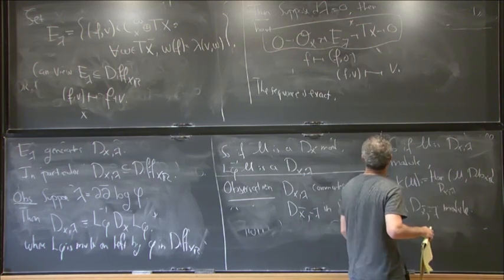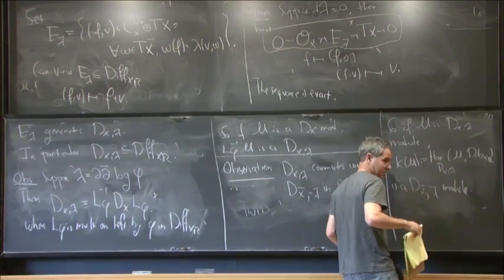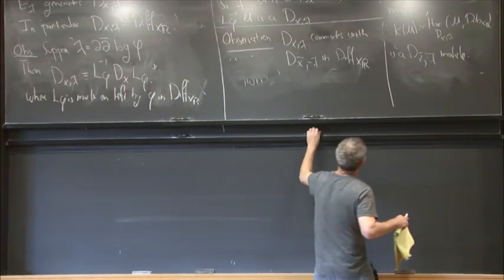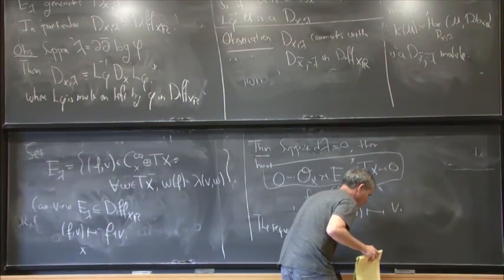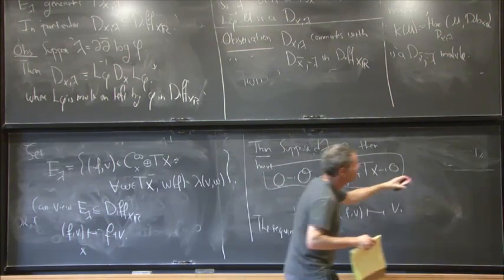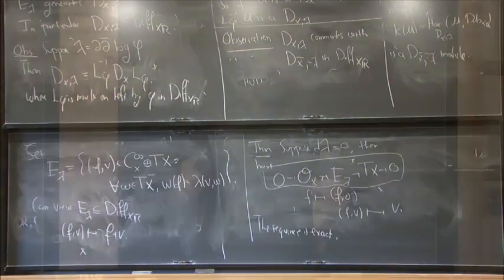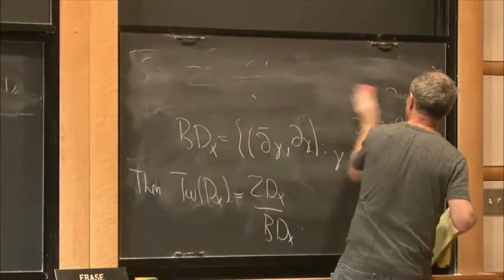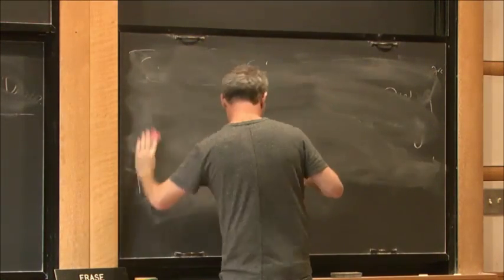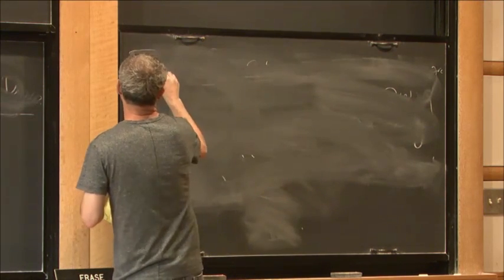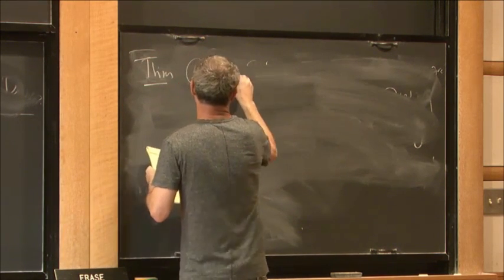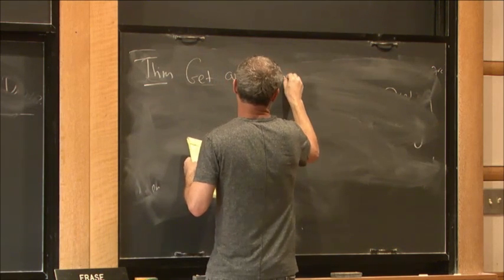And then the theorem, which is pretty easy because Kashiwara's proof is local, becomes that you get an equivalence of categories, just like before.